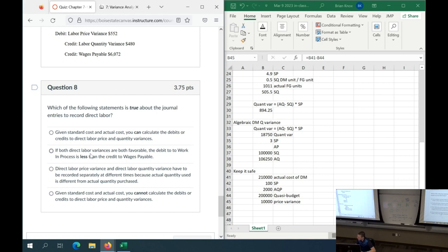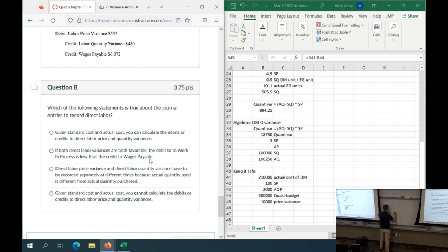If both direct labor variances are favorable, the debit to work in process is less than the credit to wages payable. Okay, so let's think about what that means. The debit to work in process is at full standard. We have an entry here, and it is X amount, right?